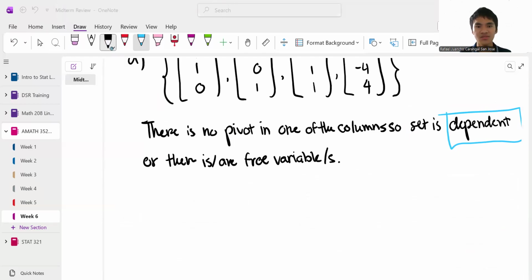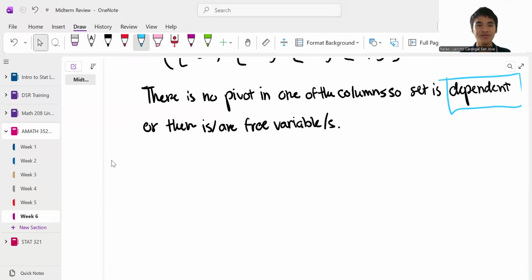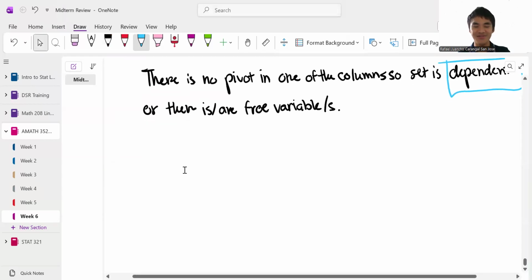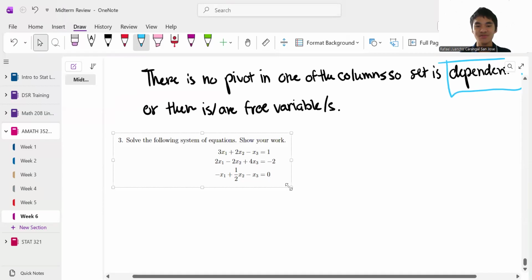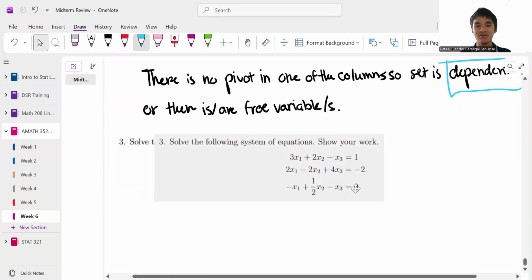Here we're being asked to solve the linear system. So let me just do that. So here I could do the most boring way. I could just do it through elimination, substitution, things that we know from high school.